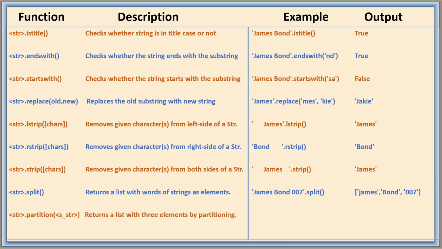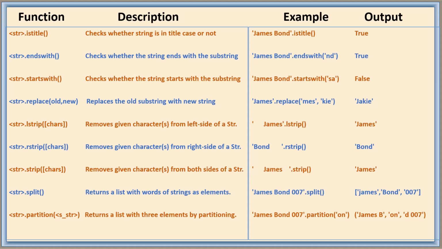string.partition(substring). This returns a tuple but only with three elements. That means whatever substring is given to partition will be an element. Before and after, whatever is left over will be the other elements. For example, "James Bond 007".partition("on").